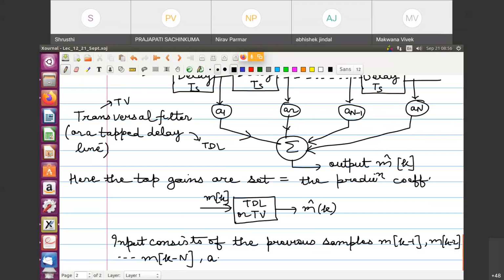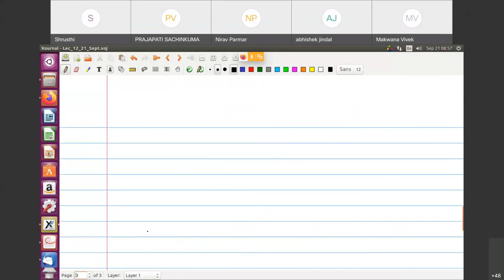Although it is customary to say that the input is m of k. Okay, so this should be remembered. And the output is... so this is customary to say.